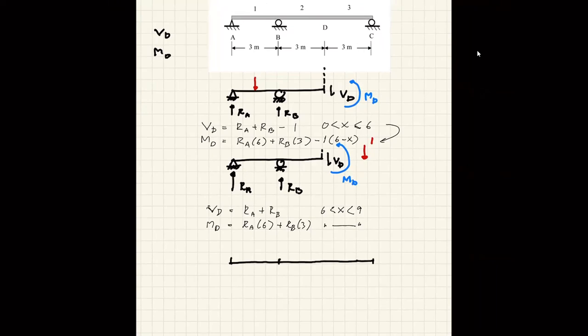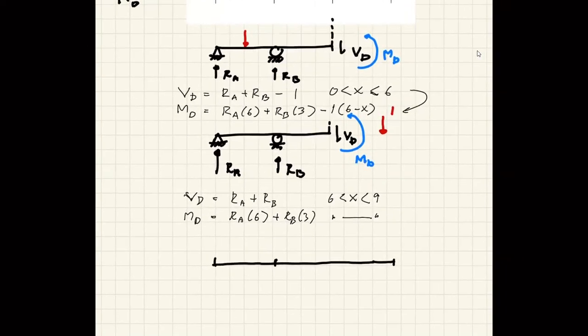Okay, so the influence line of, that's D, of VD, by using these two equations will be like this. Okay, that one is this equation.